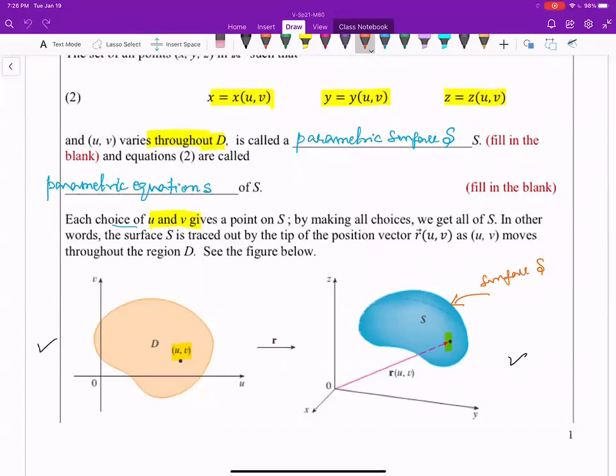In other words, the surface S is traced out by the tip of the position vector r of uv, as shown in the pink line in the second figure, as uv moves throughout the region D. So region D, the point varies here. Then for every point you see a position vector on the right side of the figure. Then the tip of the vector traces out the surface.